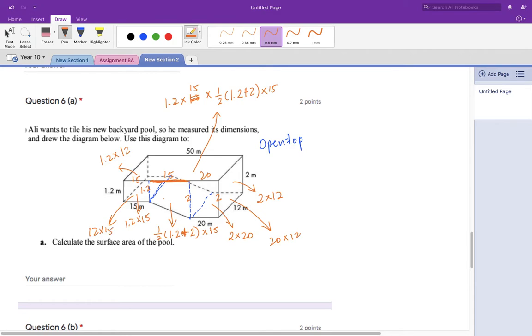Now we can look at this slanted rectangle on the back. How do I find out this side? It's a slanted side, right? So that means I can use Pythagoras. So this is 15. It's the same side as the top. This whole thing is 1.2. So that means what's on the bottom is going to be the difference between 2 and 1.2, 0.8. So let's just take that out.